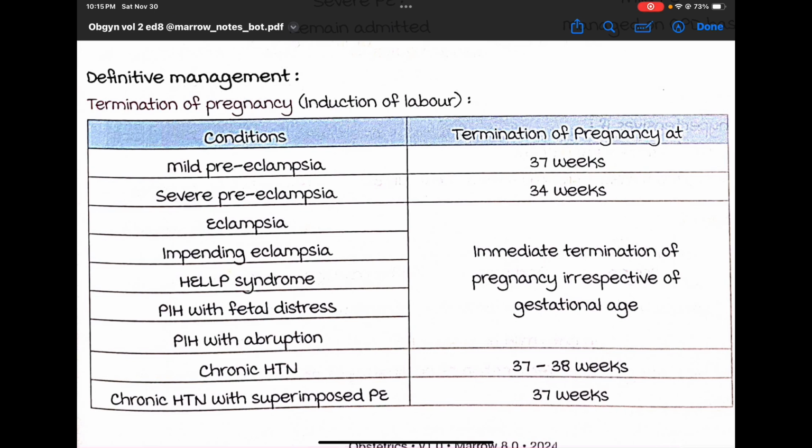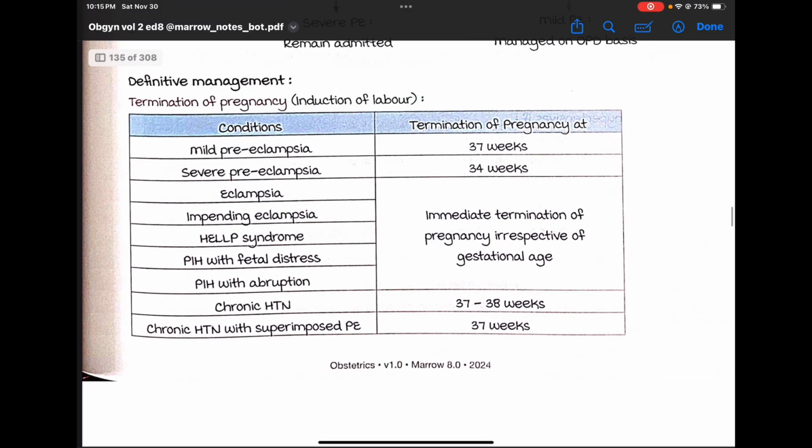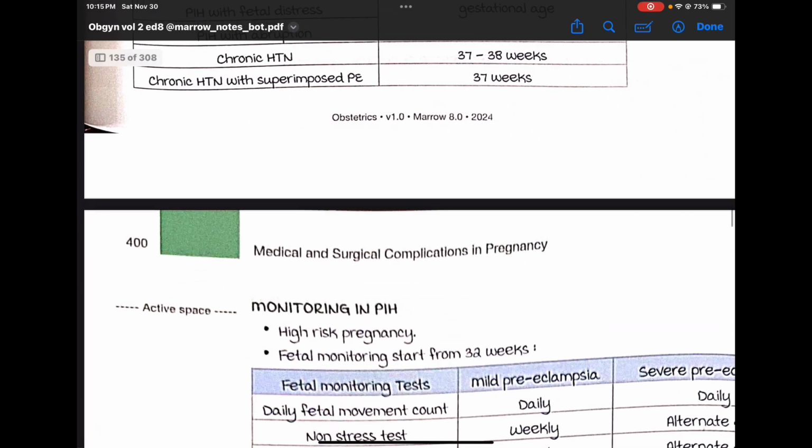Chronic hypertension 37 to 38 weeks, chronic hypertension with superimposed preeclampsia 37 weeks. So termination of pregnancy is done at 37 weeks in all high blood pressure cases, but in severe preeclampsia it is done at 34 weeks. That's the easiest way to remember.